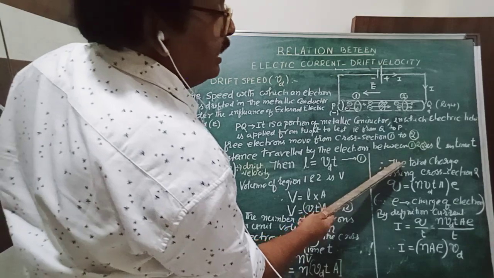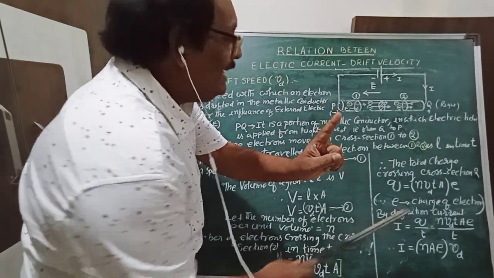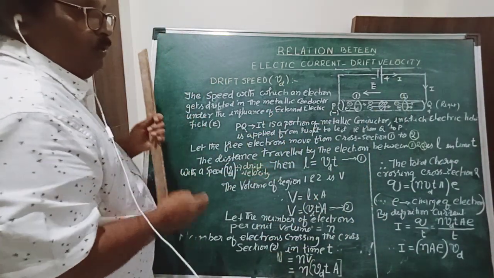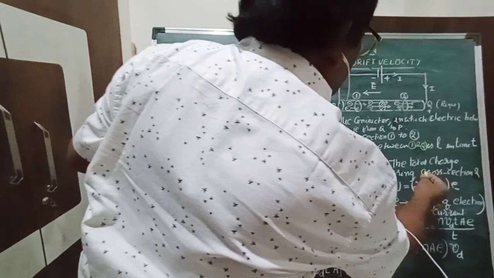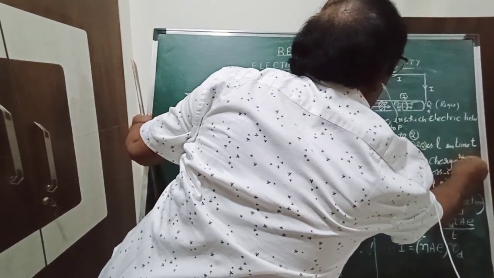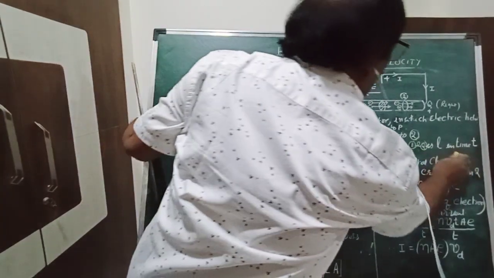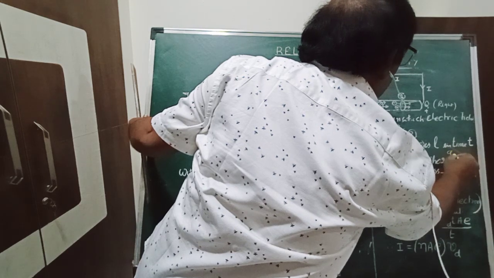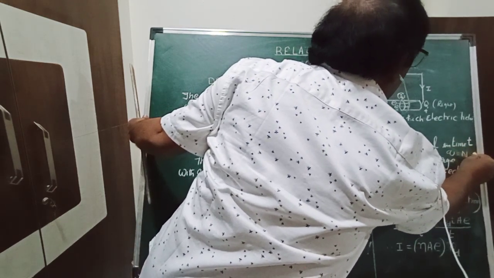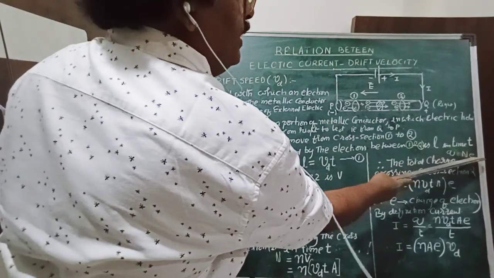Now we calculate the total charge of the electrons. The charge of each electron is e. So the total charge of capital N number of electrons is equal to how much? Total charge Q is the total number of electrons into the charge of each electron.